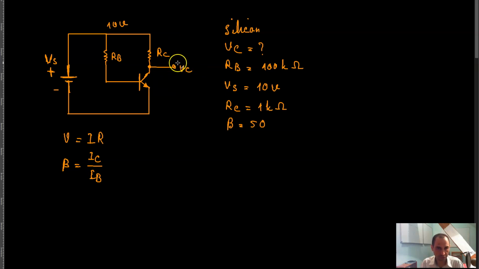And the way that this circuit works is that assuming that you keep this voltage basically constant, meaning that you're not playing with this voltage V of S, if you make changes to this resistor, of course the base current is going to change.